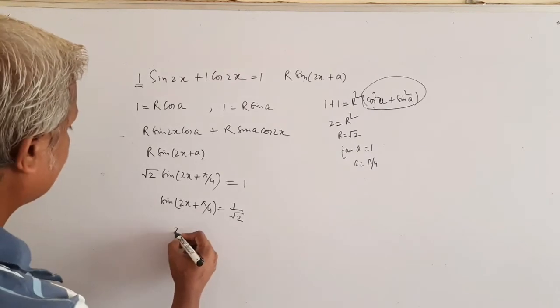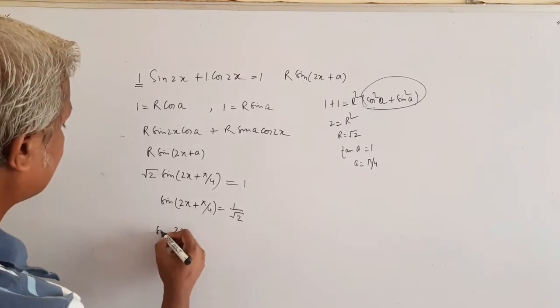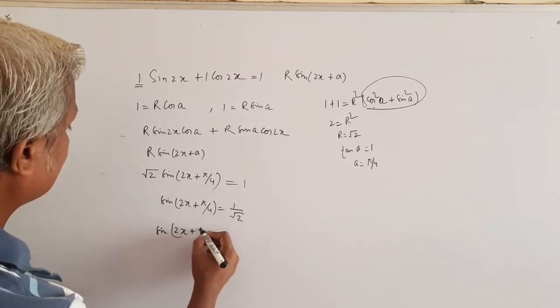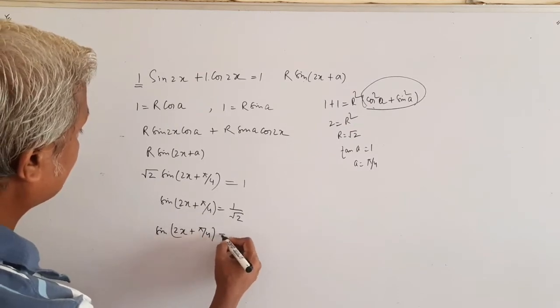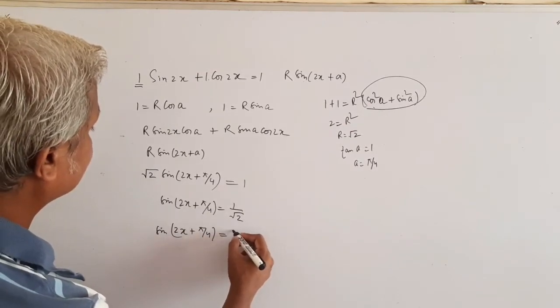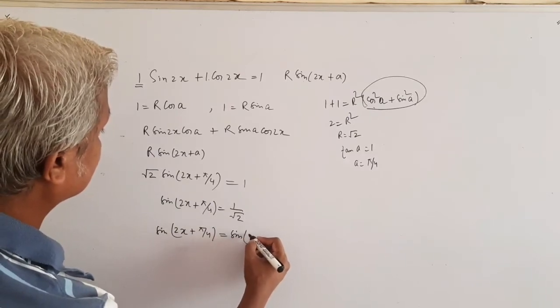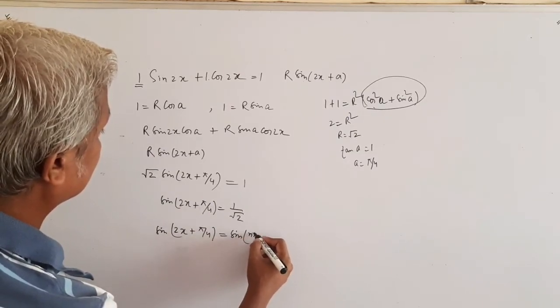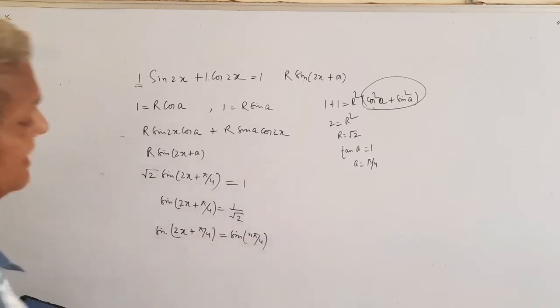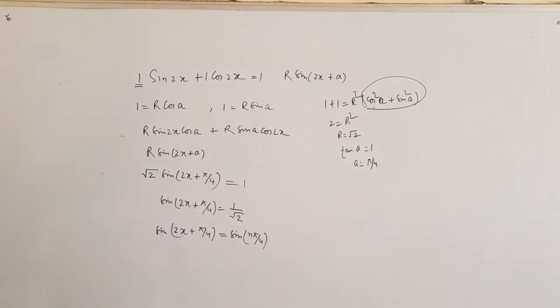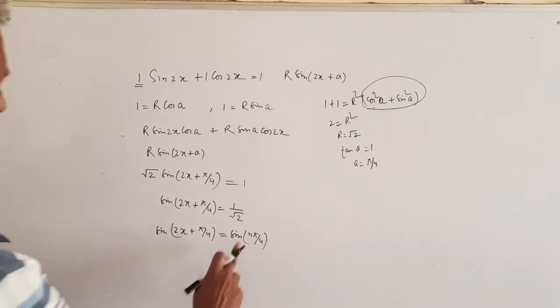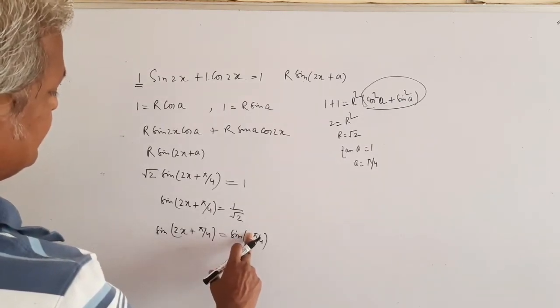So you get sine (2x plus pi by 4) equals sine pi by 4, I just let it remain sine pi by 4 only.